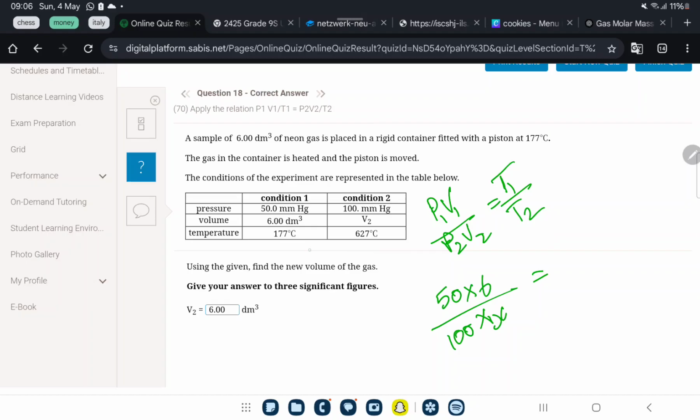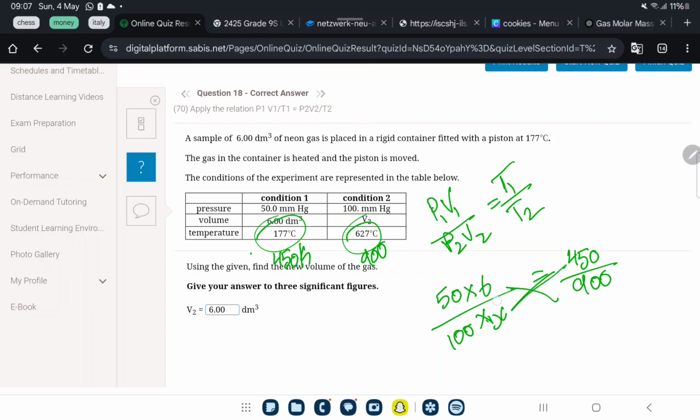T1 is 177 converted to Kelvin. You get 450 Kelvin. Then 627 converted to Kelvin. You get 900. So 450 over 900.